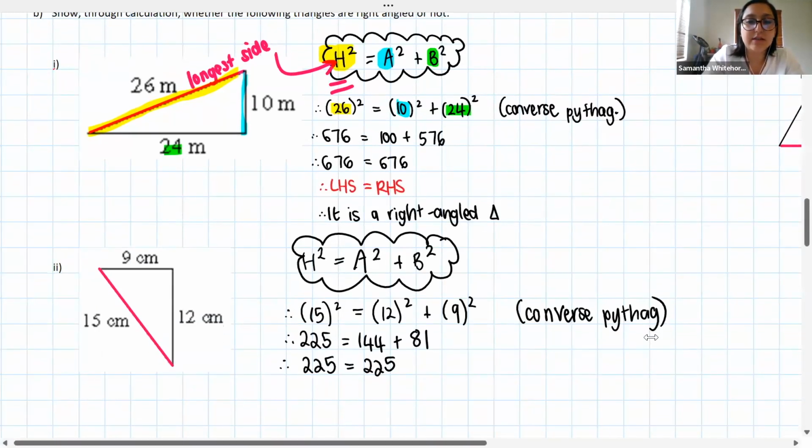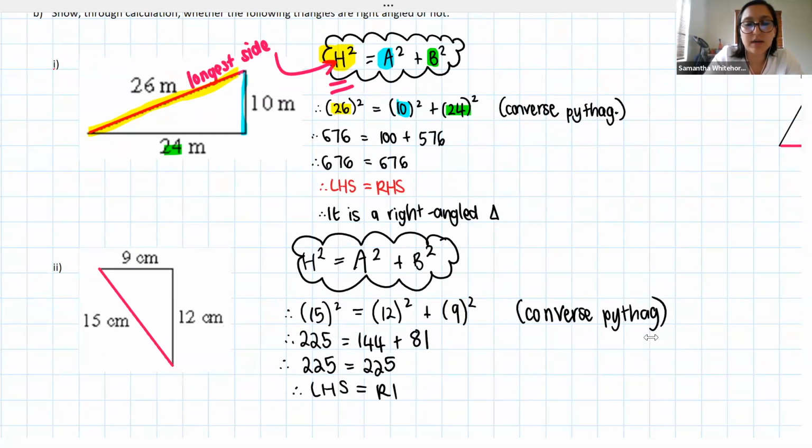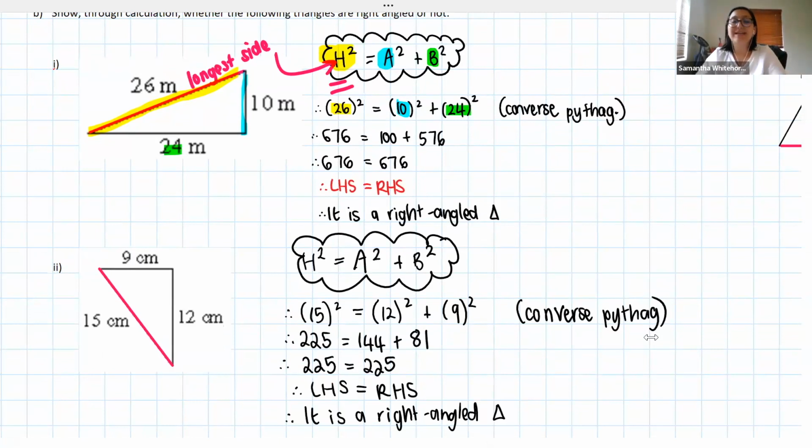And because the left-hand side is equal to the right-hand side, because 225 is equal to 225, we can say it is a right-angled triangle. So guys, when the left is equal to the right, it is a right-angled triangle. If they are not, then it is not a right-angled triangle.